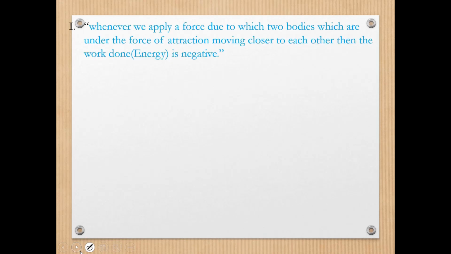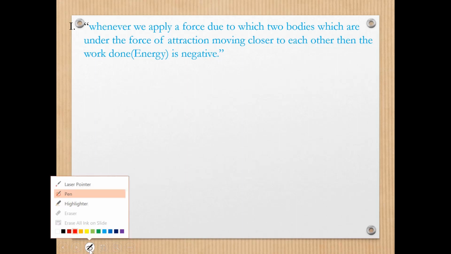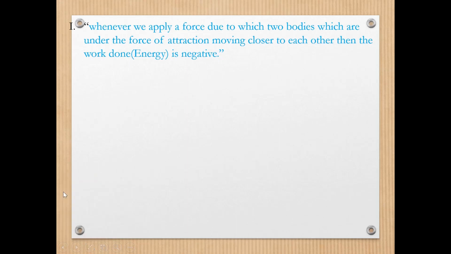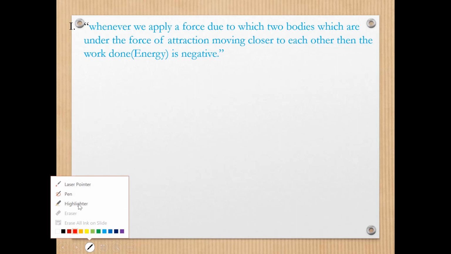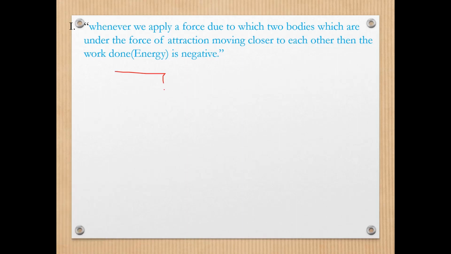The first statement is, whenever we apply a force due to which two bodies under a force of attraction move closer to each other, then the work done is negative. Let us consider two magnets. This is a north pole, and similarly this is a south pole.